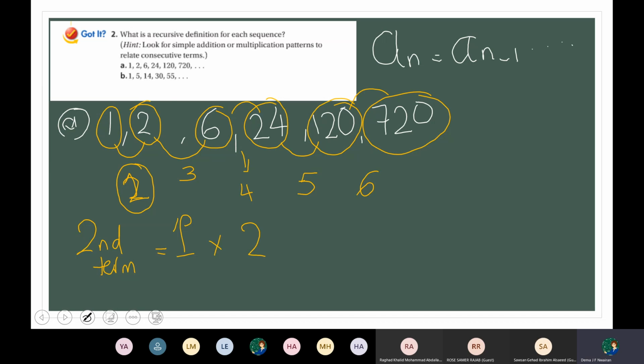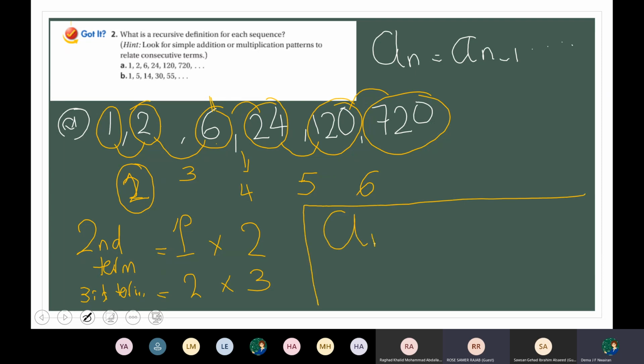Is this what I did before? Yes. Let's find the third term. I multiplied the previous one, which is 2, by what? By 3. By n.